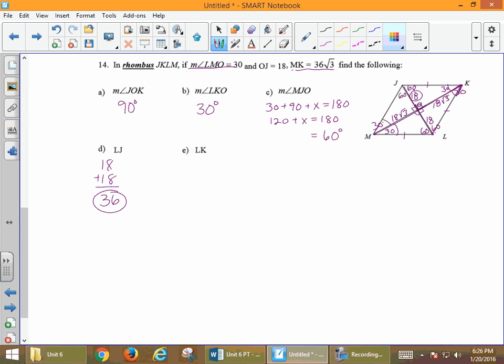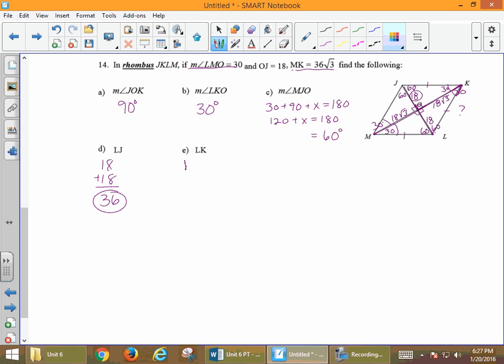And in order to find LK, I can think back to my special right triangle. My special right triangle has a short side. The side across from 30 degrees is 18. And my special right triangle says that the hypotenuse is always twice the short leg.